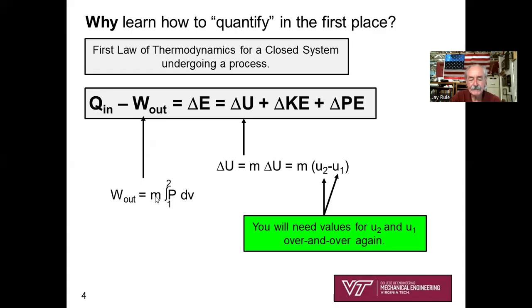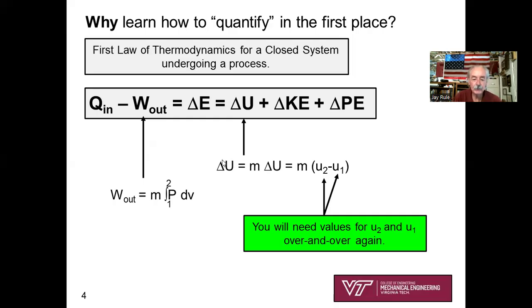Capital W is m, the mass of the closed system, times the integral of P d little v. So you've gotten pretty good at that. And over on the right-hand side, kinetic energy term, yeah, I can find that. Potential energy term, yep, I can find that. But delta U, look, I've got a typo here.